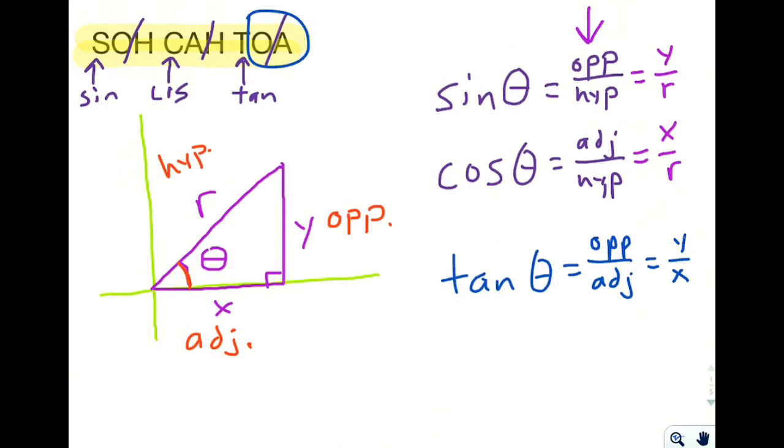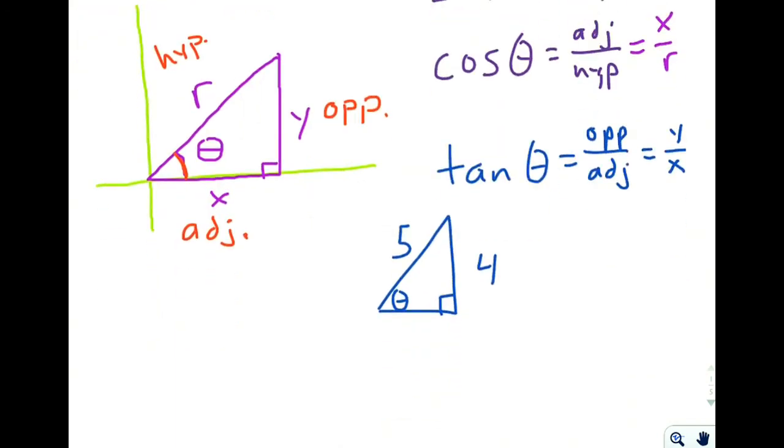So we have our sine, cosine, and tangent functions. The reason we want all three of them is, let's say that we have a triangle that only has two of the three pieces of information. Let's say we have a triangle here with our angle. It's a right triangle, and we know that this side is 4 and this side is 5. But we do not know what this side is right here.